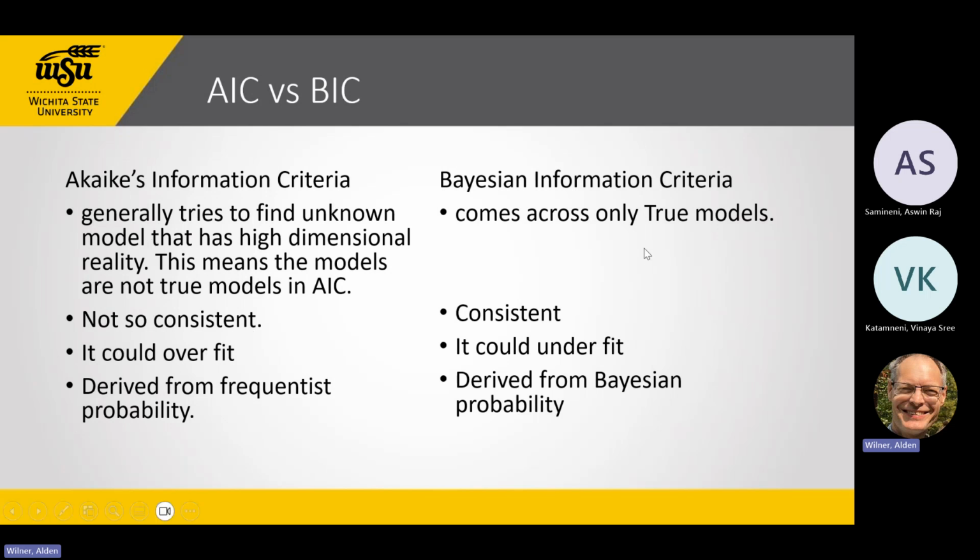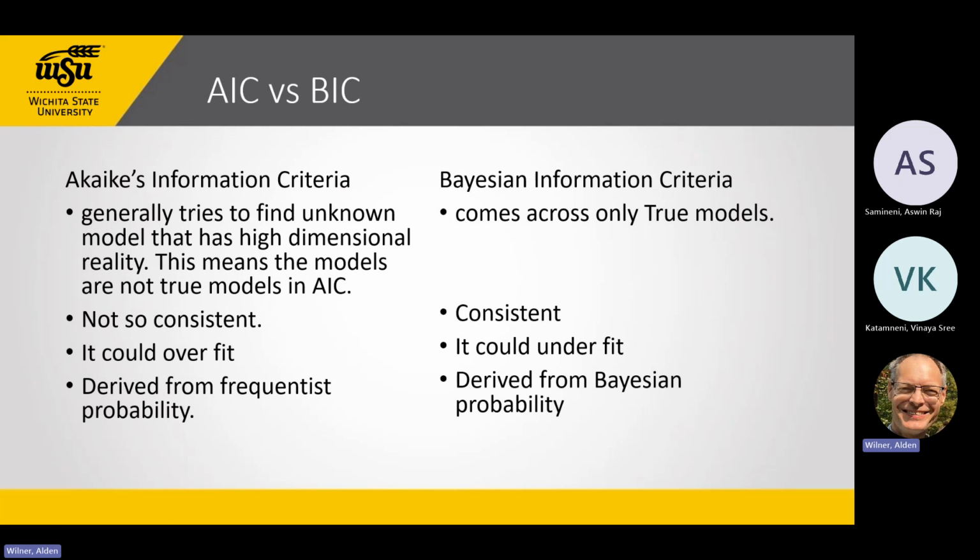These days, BIC tends to be preferred. There was a period of time where AIC was the only one available. Akaike generally tries to find the unknown model in a high dimensional reality. The models are not true models. It's not consistent and could overfit. And again, it's derived from 1930s era frequentist probability models.